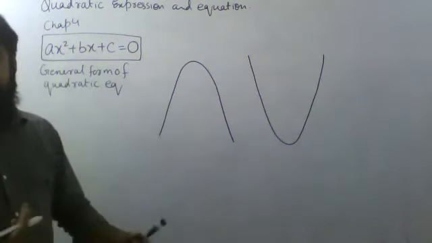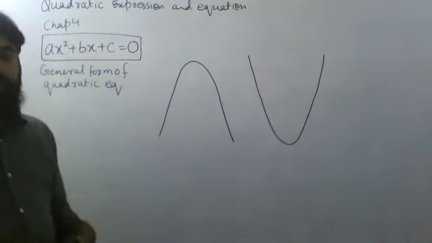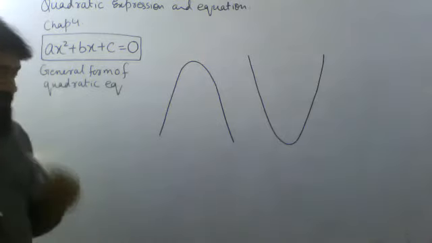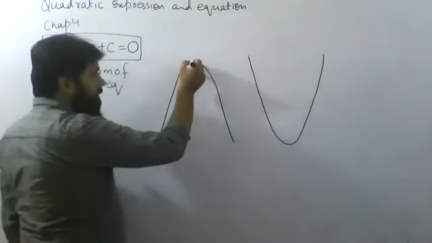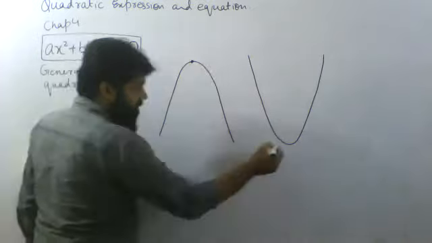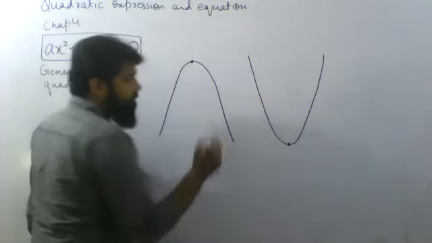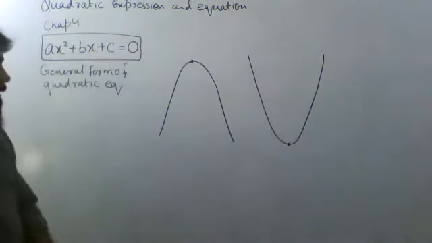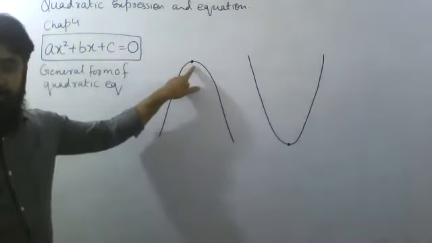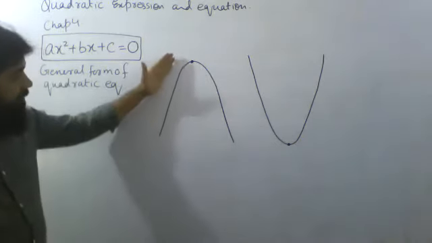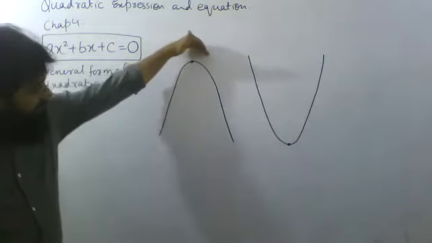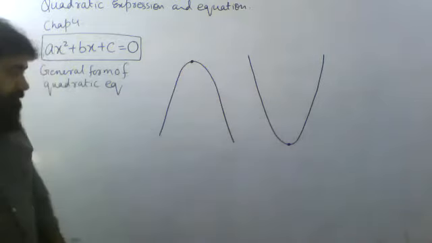Now, there are some points which we always have to remember about these graphs. First thing, you can see in each graph, these are the turning points. In each graph, this is the turning point because it is going upward, upward, upward, and after that it is going downward.